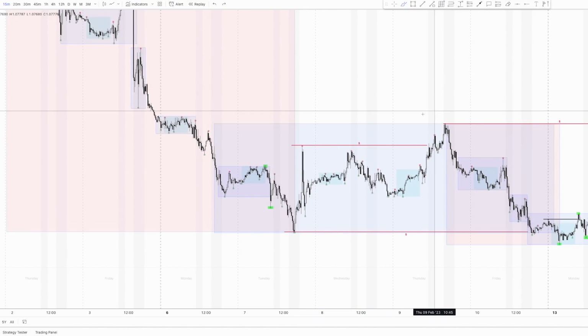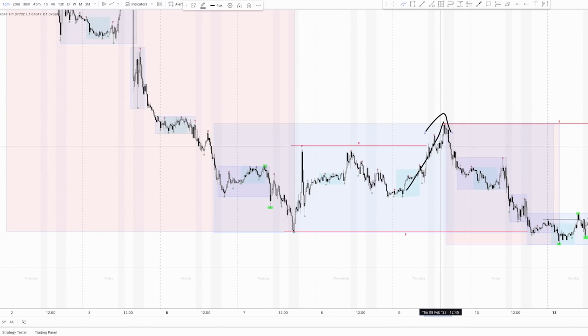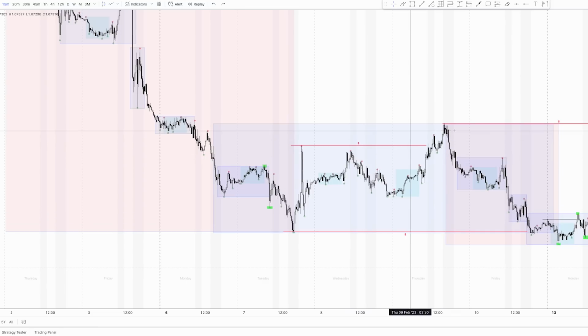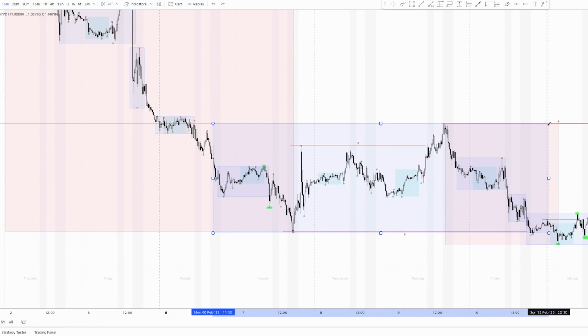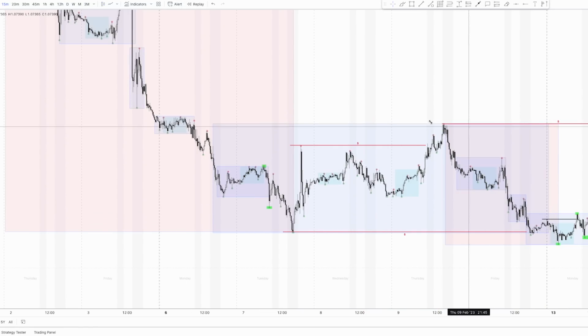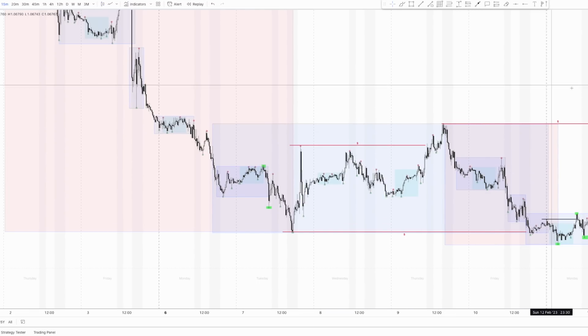So as we can see, price did move out and we expected an initiation phase in the market. However, price moved right back in to the downside. So we adjusted the range from here to this new high and we're still sideways overall. And again, we can add our framework on and trade that understanding and that sideways market.